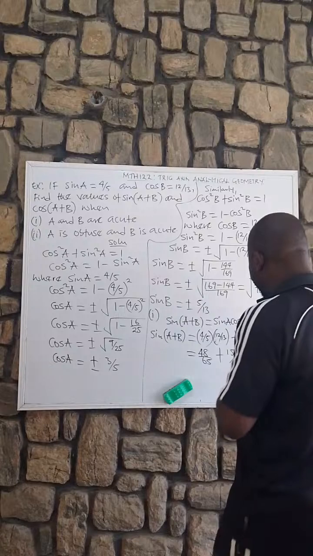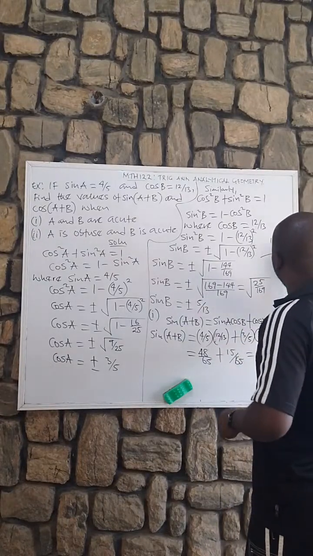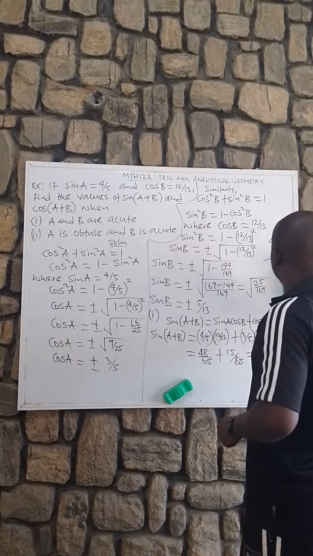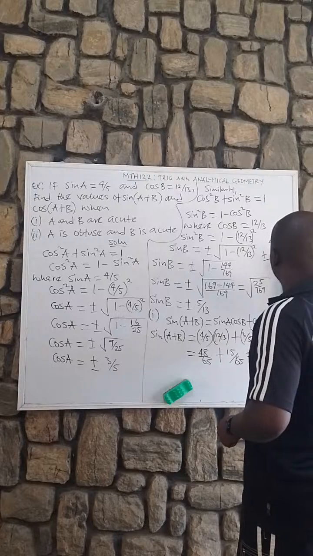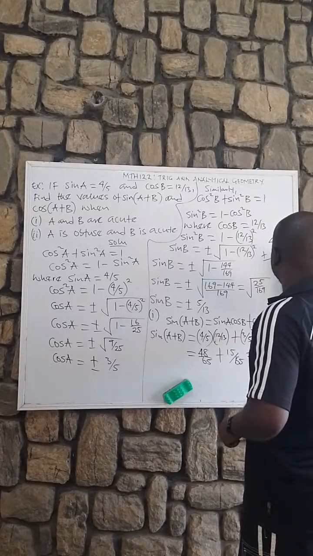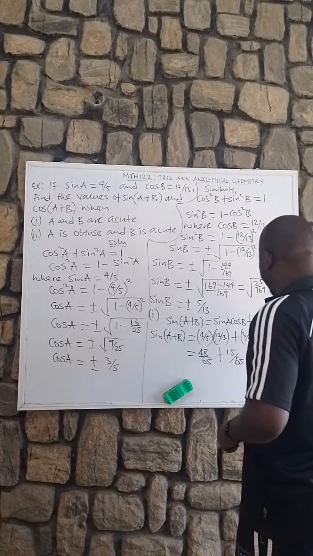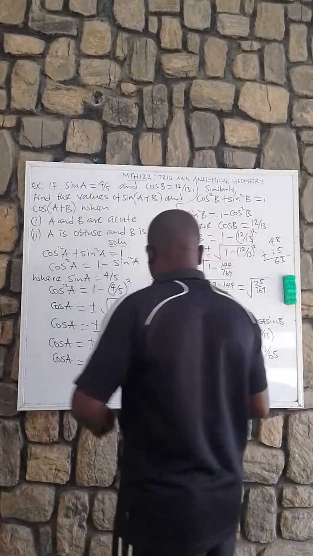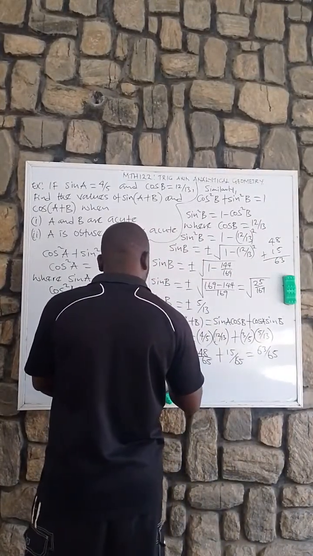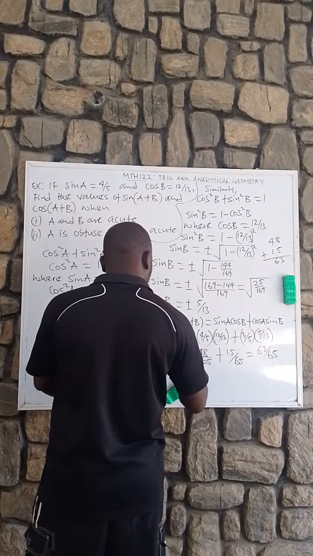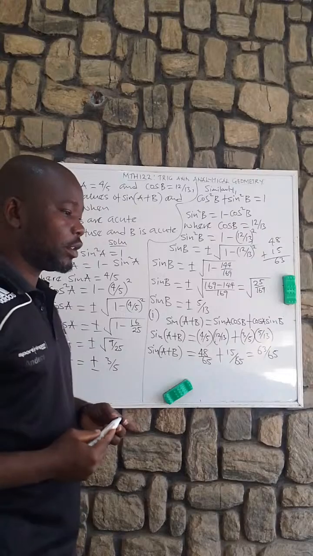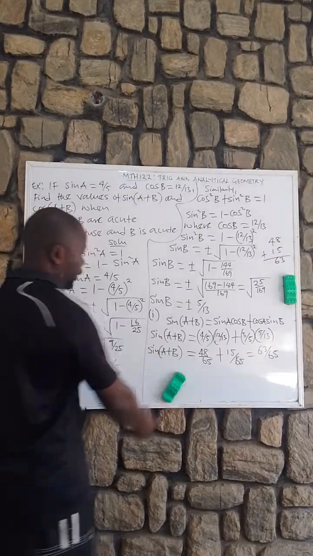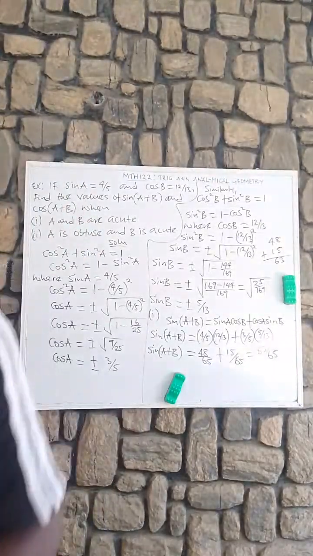So let's add this and this. 48 plus 15 will give us 63. So 63 all over 65. That is our sine A plus B, right? So let us move further. Any questions, please, before I proceed? Do you have any question?